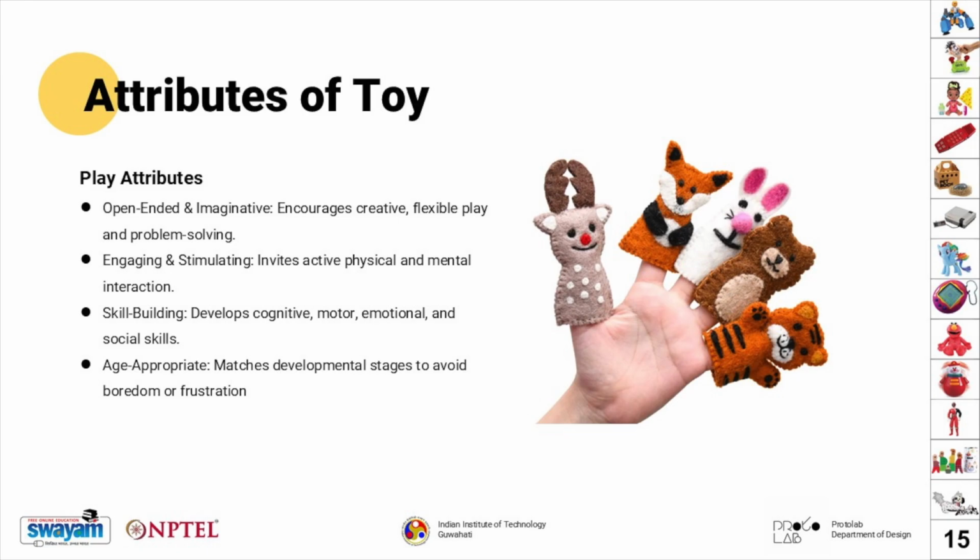Toys are also engaging and stimulating, prompting active physical and mental interaction. Through play, they support skill building and developing cognitive, motor, emotional, and social abilities. Well-designed toys are age-appropriate, matching a child's developmental stage to avoid boredom or frustration.